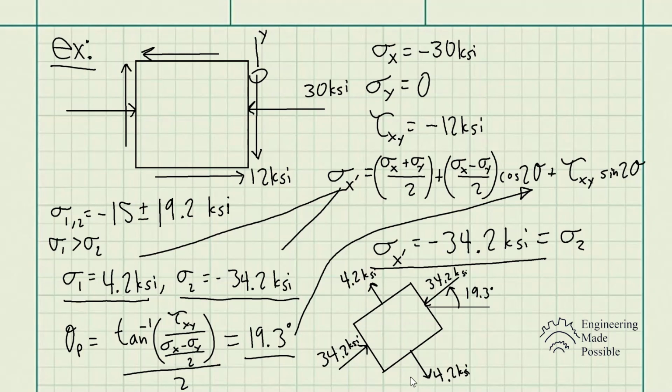And keep in mind, when it comes to principal stresses, there is absolutely no maximum shear stress or any shear stress developed for that matter. Now let's solve for at what angle the maximum shear stress will be developed, as well as the value of the maximum shear stress.